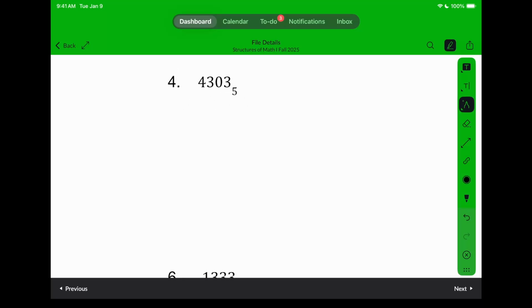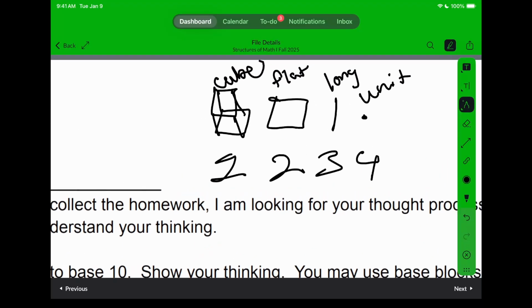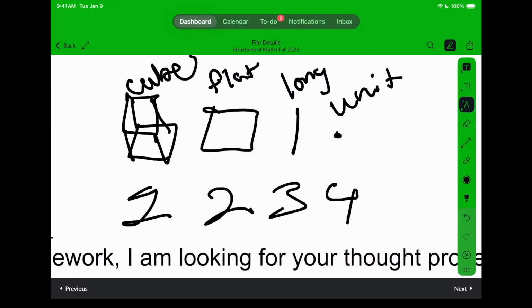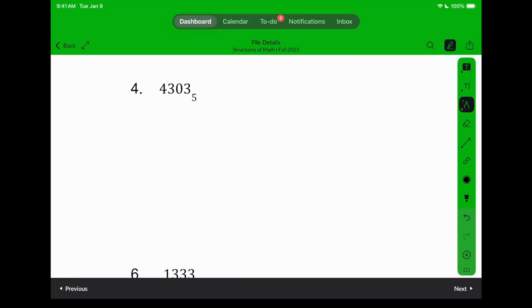Got a 4-digit number now. So units, longs, flats. The next thing in the line would be the cube on the left there. So 4303. It's going to be 4 cubes.